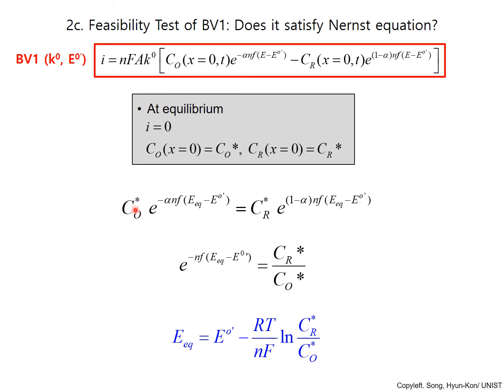By reshuffling this equation, finally we could obtain the Nernst equation, which is: equilibrium potential is formal potential minus RT over F times the log of bulk concentration of reduced species per bulk concentration of oxidized species.